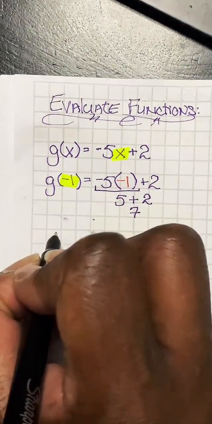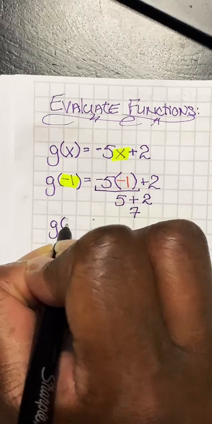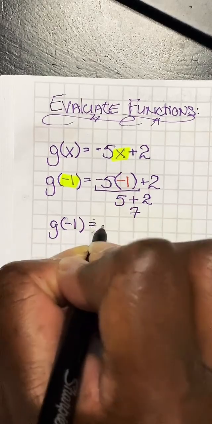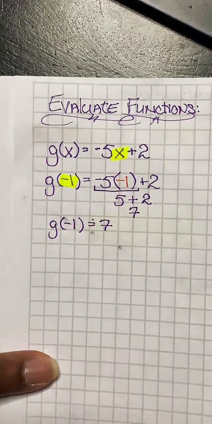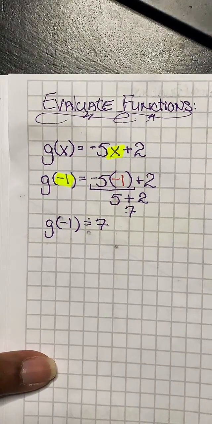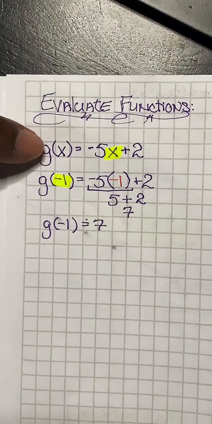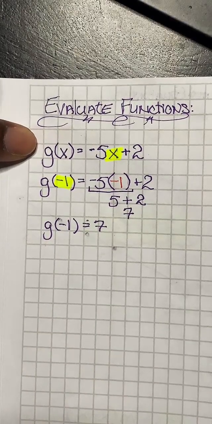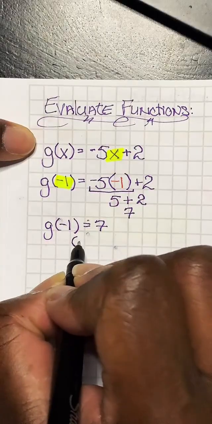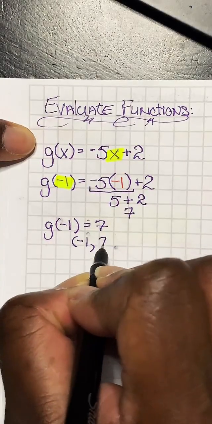Okay, so the g of -1 equals 7. Ladies and gentlemen, what you just found is an ordered pair that satisfies this function. All you did was find -1, 7.